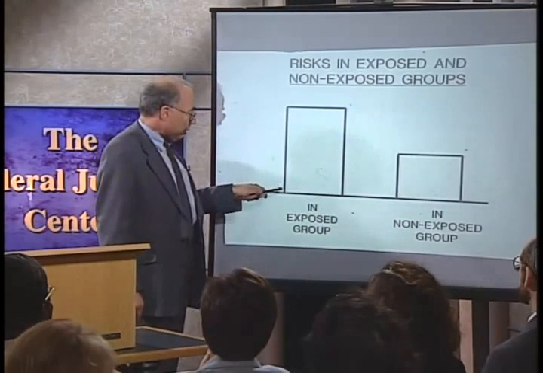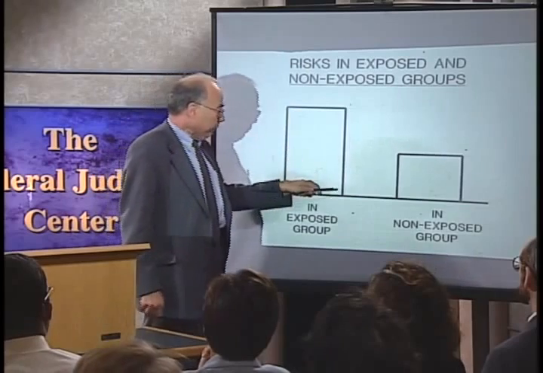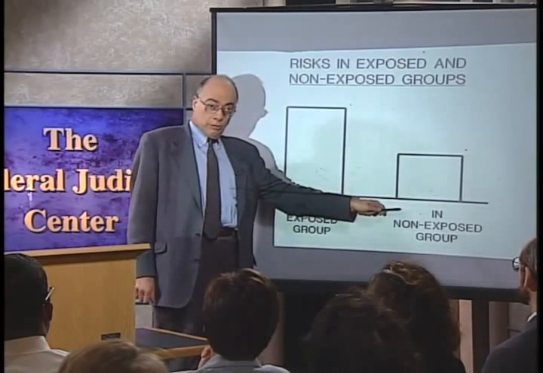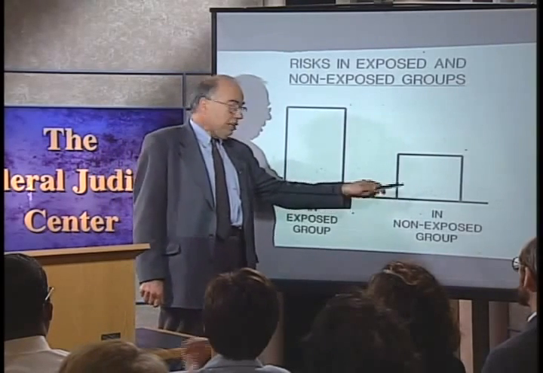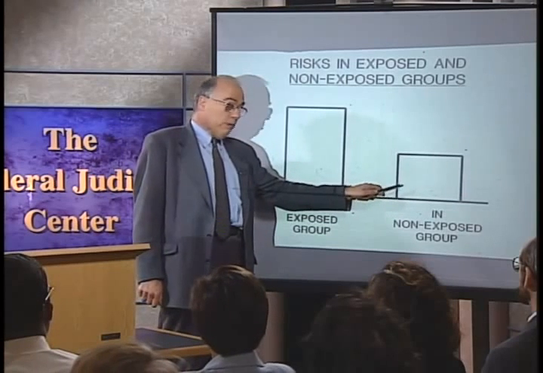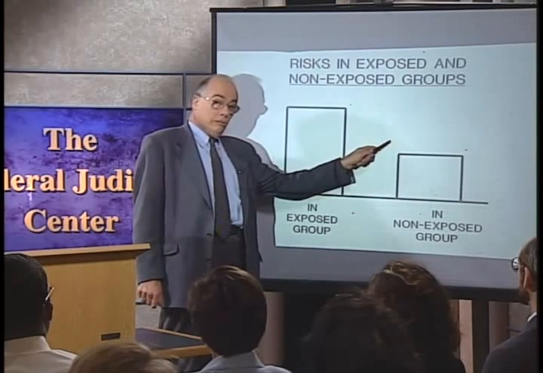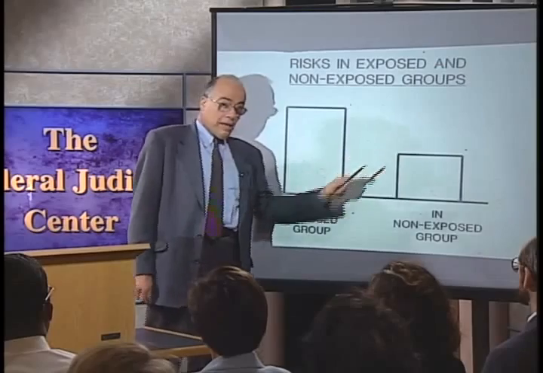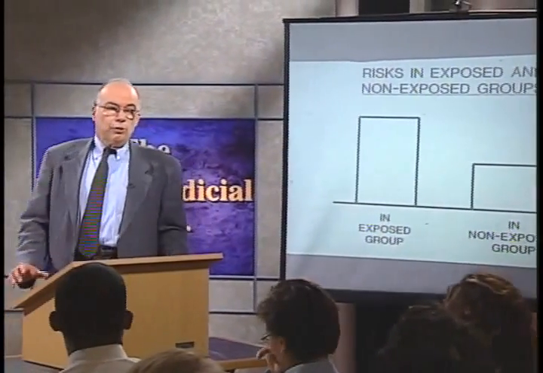What do we see? We see that the risk in the exposed group and the radiated group is greater than the risk in the non-exposed group, but we also see that even in the non-exposed group that was not radiated, there is some risk of developing the cancer. That is that all the cancer is not due to the exposure because even some of the non-exposed people develop the disease.